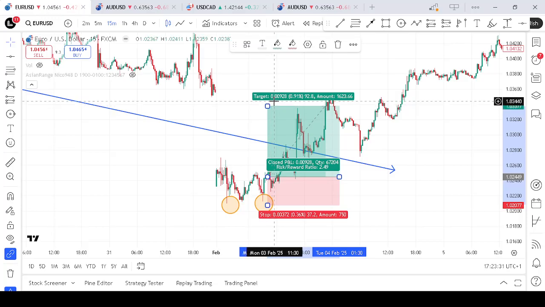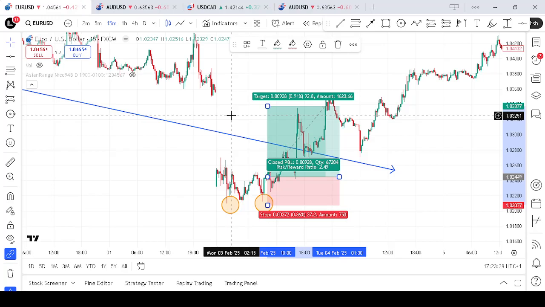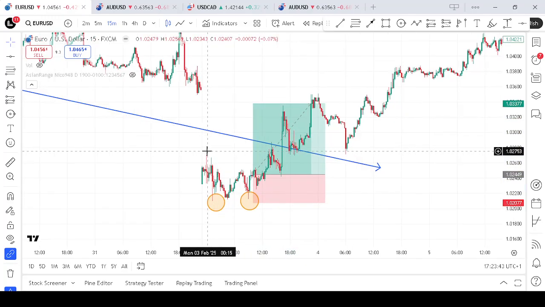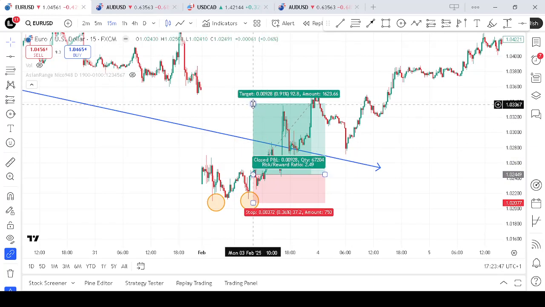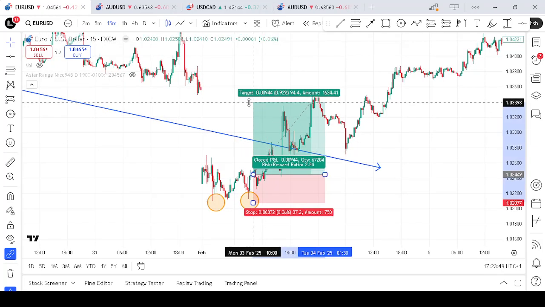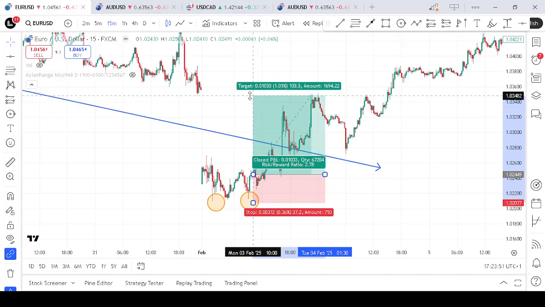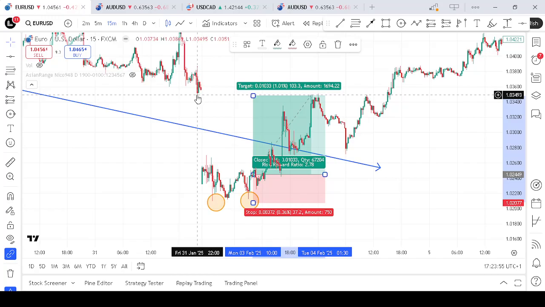Now a common exit strategy for an overnight gap trading strategy is always to target the area at which price opened the gap from. You can decide to target the area where price opened this gap from.